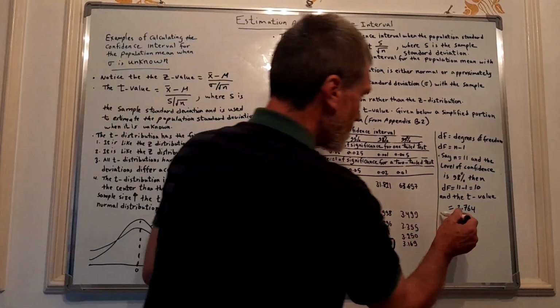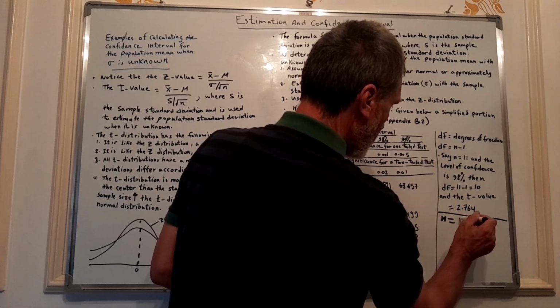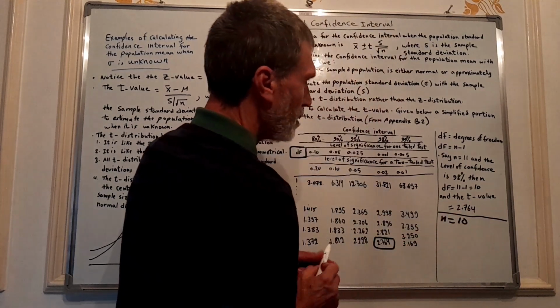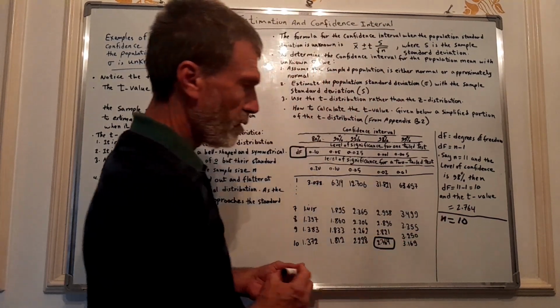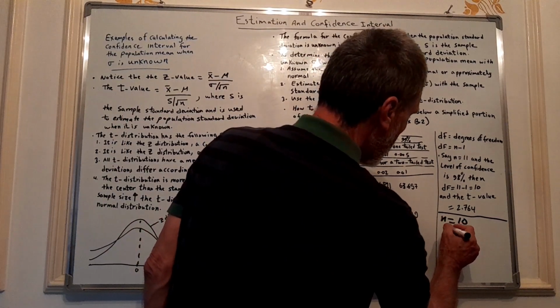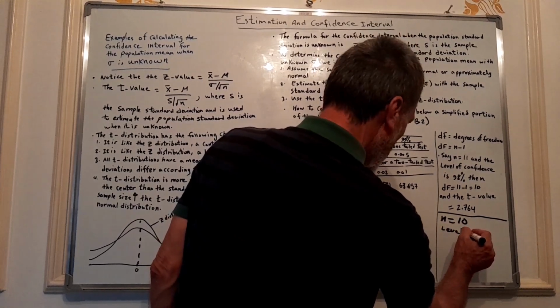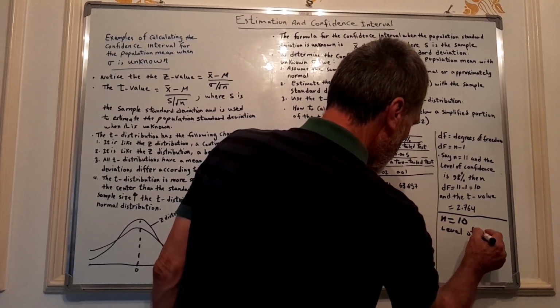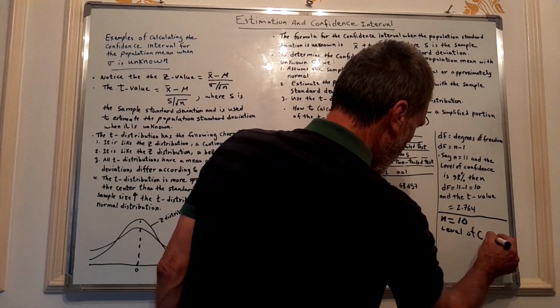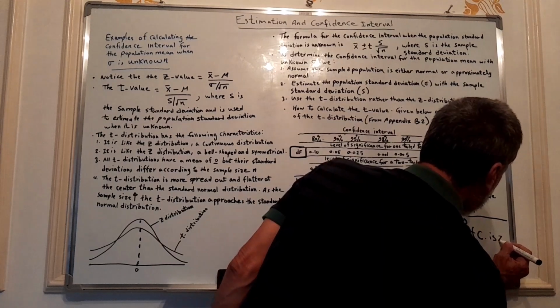Let's say, for instance, n equals 10, and the level of confidence is, let's say, 80%.